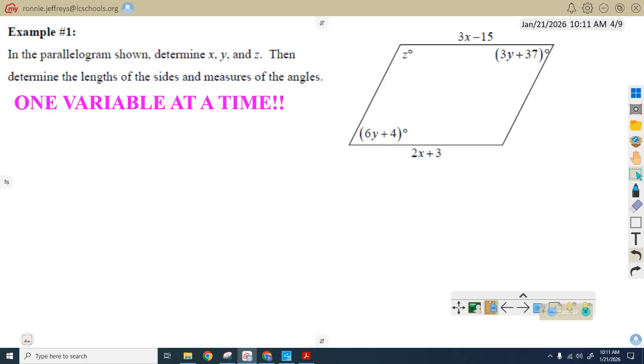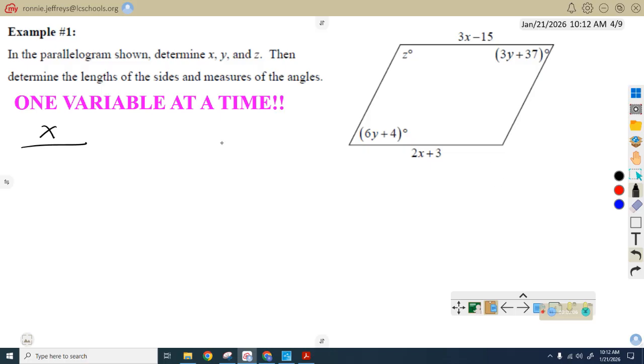Too many students I've had over the past about 15 years see a problem like this and think you have to solve this all at once. That is not doable. But what is doable is one at a time. So we're going to focus on x, just like what we had with those triangles.